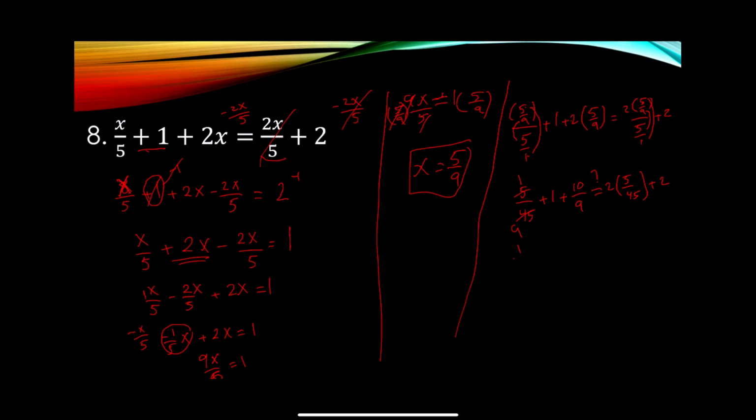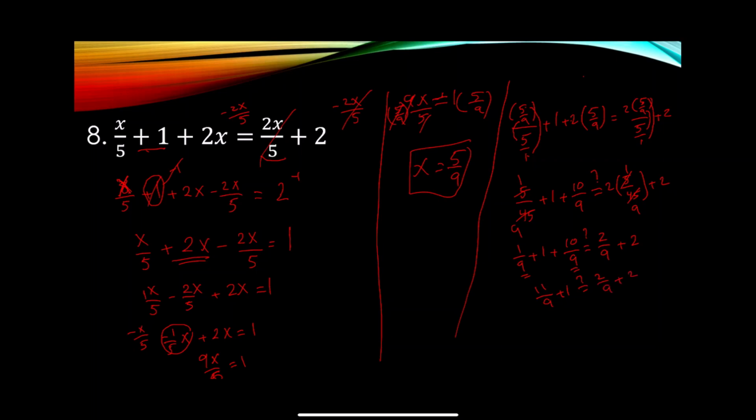So it's 1 over 9 plus 1 plus 10 over 9 equal. Again, this is over 1 and this is 9, and 2 times 1 is 2 over 9 plus 2. Again, 1 over 9 plus 10 over 9 is 11 over 9 plus 1. Is it equal 2 over 9 plus 2?